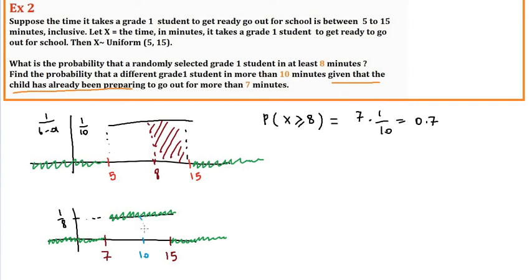So that is going to be the area under this rectangle. So the probability that x is greater than or equal to 10 will be the area of this rectangle, which is base times height. Base will be 15 minus 10, which is 5, and height is 1 over 8, which is 5/8. So this is the probability.